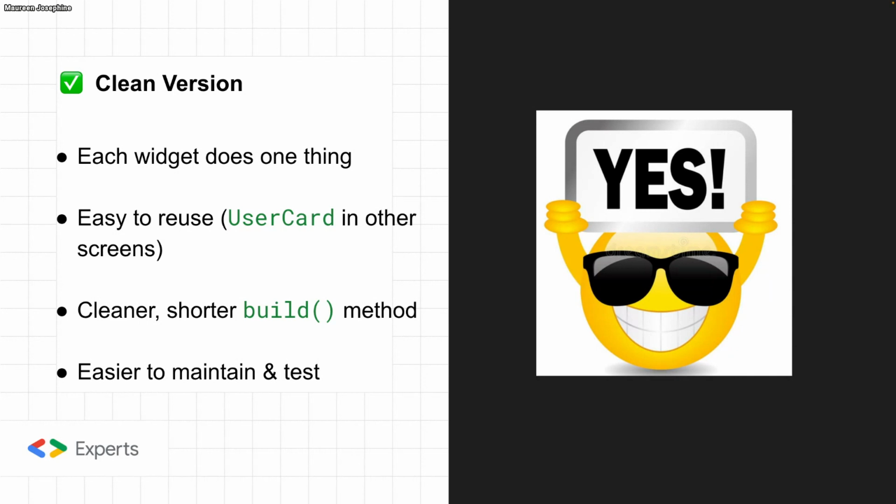Maybe we can have a user card in another screen, and also we can make this code cleaner and shorter. If we separate all these classes, we would have a clean and shorter build method, and this would be easier to maintain and to test.